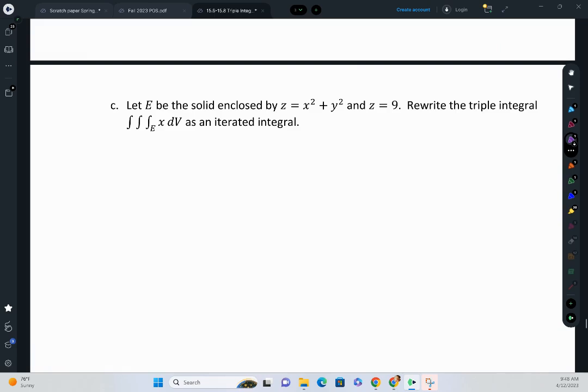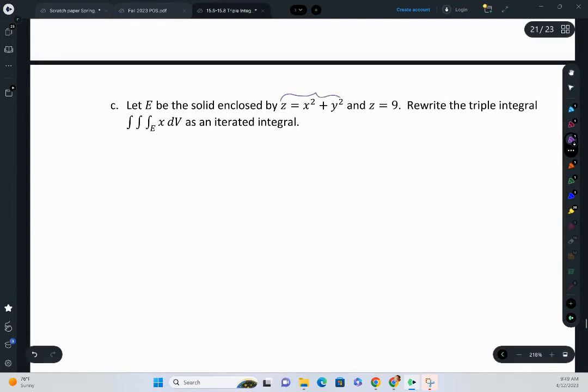We're going to let E be the solid enclosed by z equals x squared plus y squared, and z equals 9. We want to rewrite the triple integral over E of x dV as an iterated integral. Okay? So here, again, all we're doing is trying to figure out, should we use cylindrical, should we use spherical? So I'm going to go ahead and draw this.